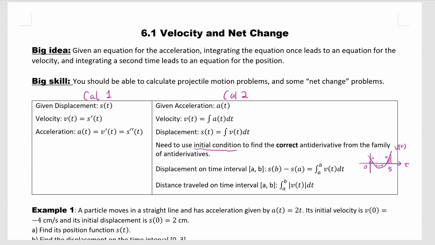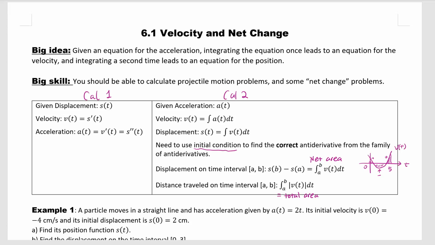For the parts of the function below the t-axis, this area is negative. When you calculate the displacement, it's like the net area: you use the positive area, subtract the area below the t-axis, and then we get the net area. However, for the distance, we want to calculate the total area.